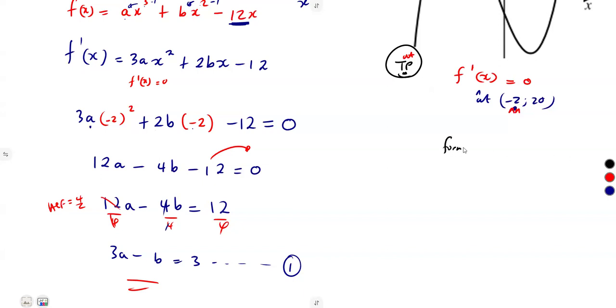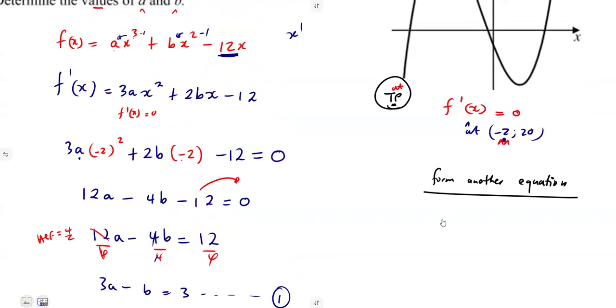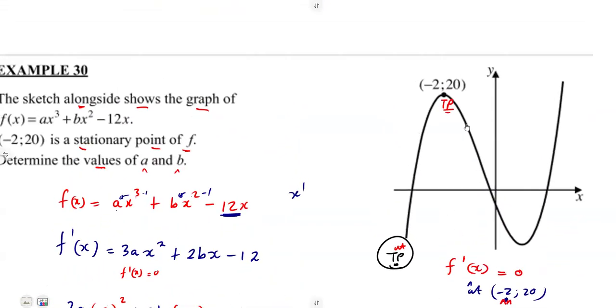You are supposed to form another equation from any idea that you understand about the function. We applied the turning point. That's the only special point on our graph.